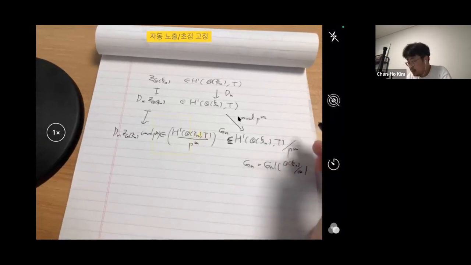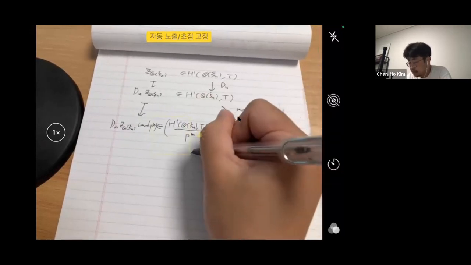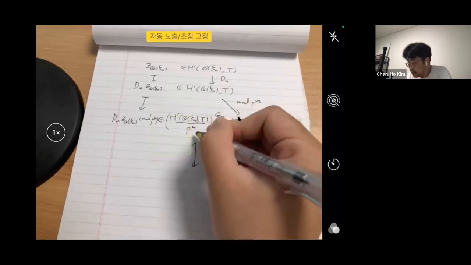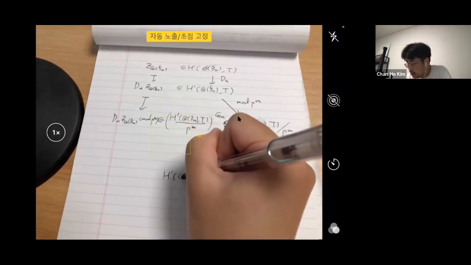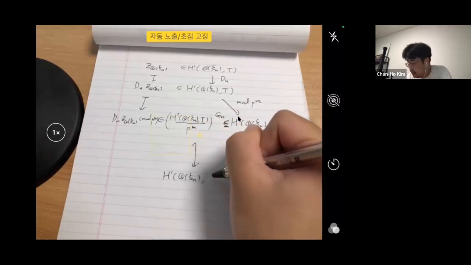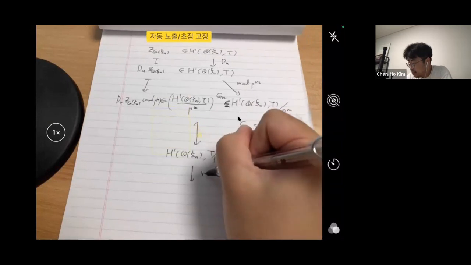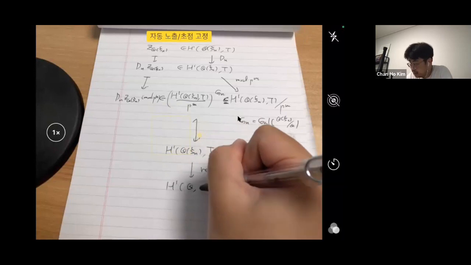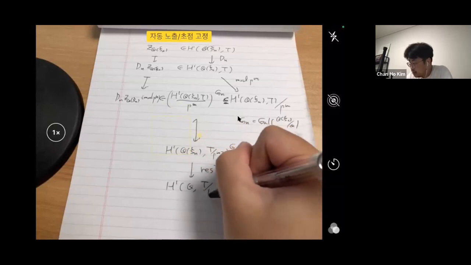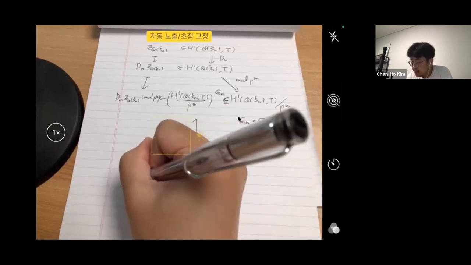And this maps to the quotient in the cohomology group H1(Q(zeta_n), T modulo P to the m) invariant by G_n, and the inverse of the restriction map gives us the class here, and the final image is kappa_n.